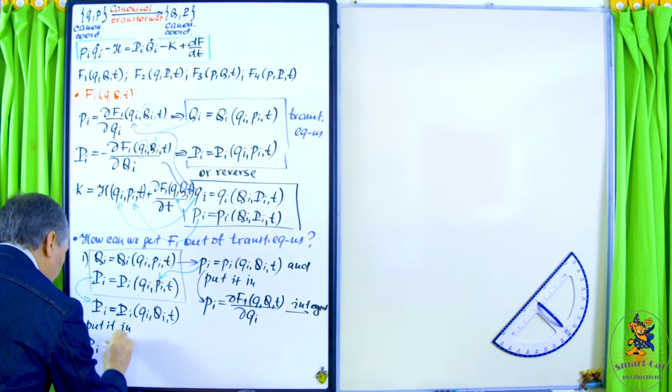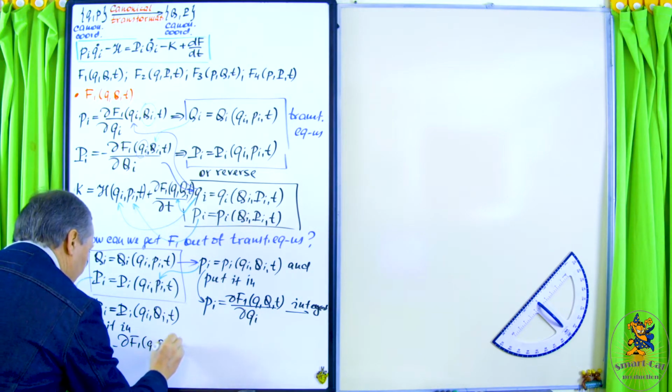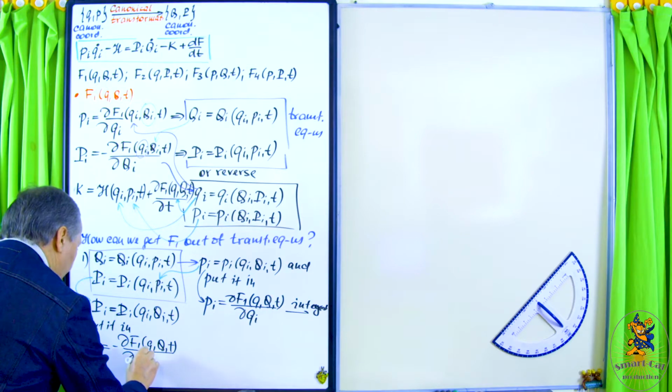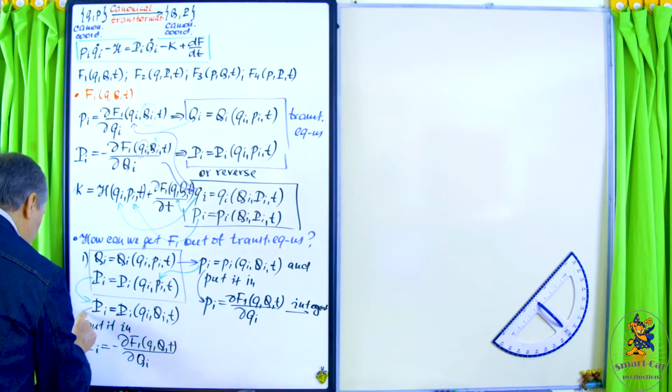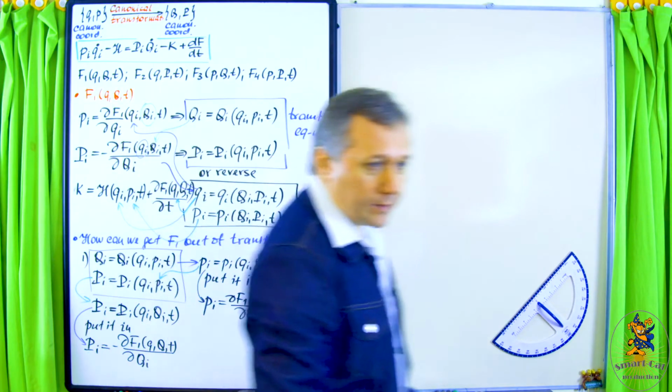Minus partial derivative of f1 with respect to Q capital, right? So as I said, now we just need to plug this into the equation and again integrate it.